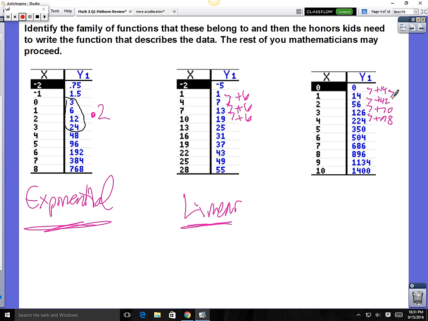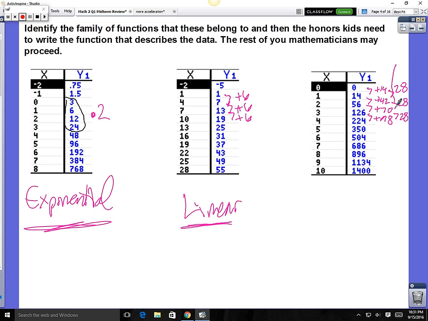So if you go again, 42 minus 14, that is 28. If we do 70 minus 42, that is also 28. And if we do 98 minus 70, that's 28.